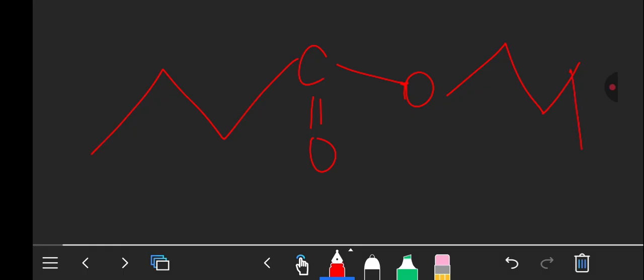Let me just give another example. What if I have a compound of this nature? Let me draw it like that. How can you name this compound?